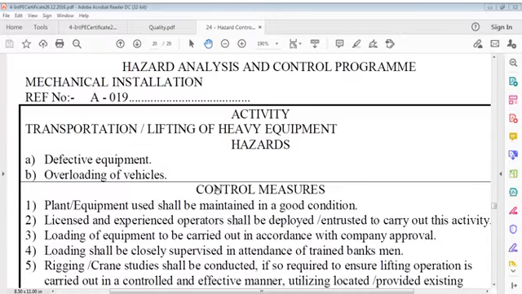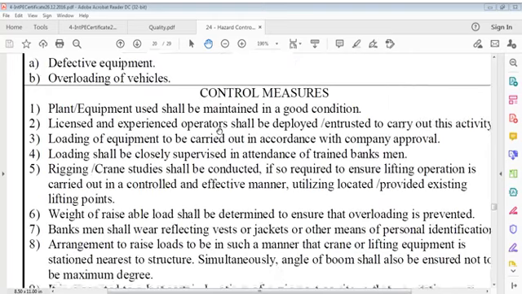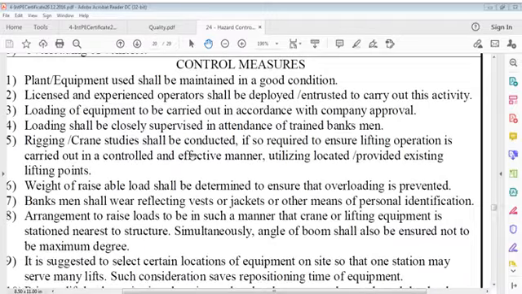Control measures being that plant equipment used shall be suitable, and loading shall be closely supervised in attendance of trained banksmen.